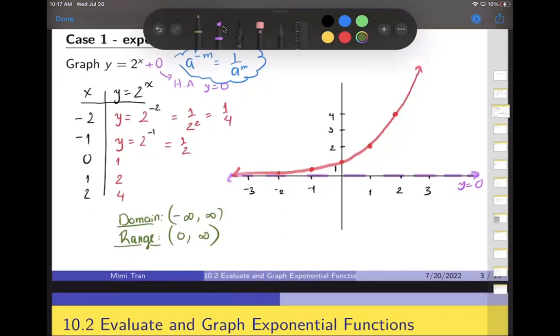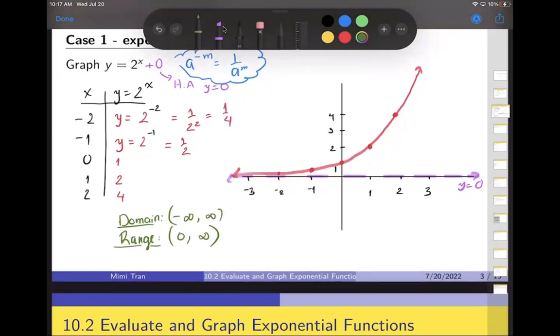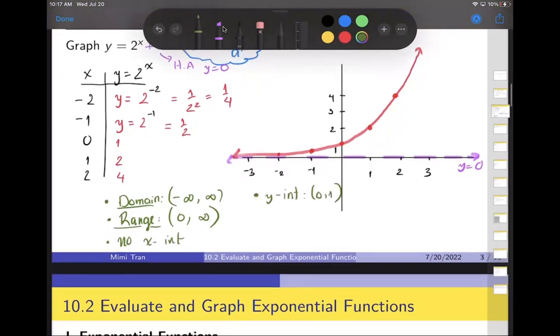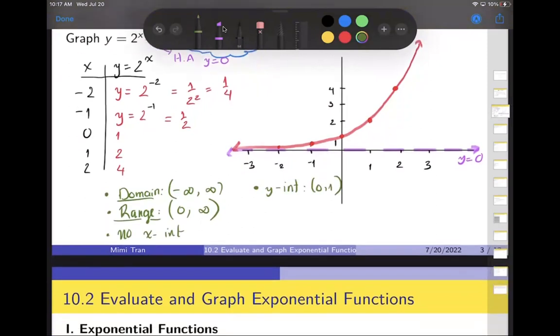Okay, so it is called the exponential growth. It has no x-intercept. Put a little bullet point: no x-intercept. Is there a y-intercept? Yes, the y-intercept is (0, 1). And that point (0, 1) is very important.